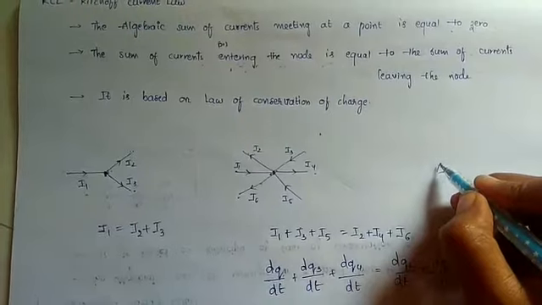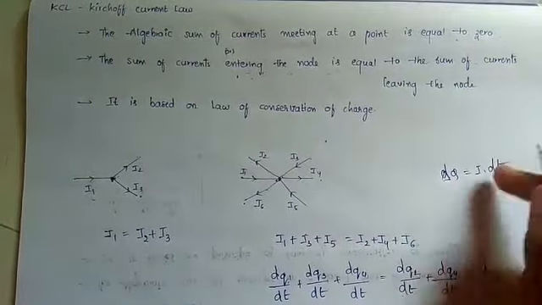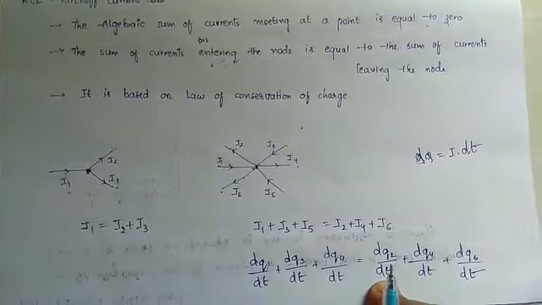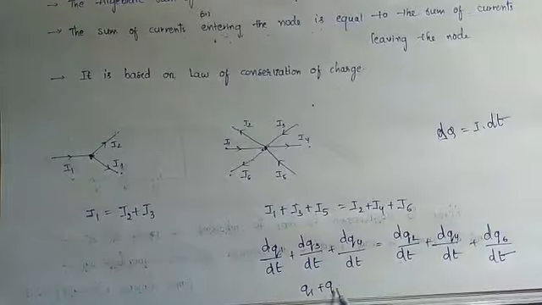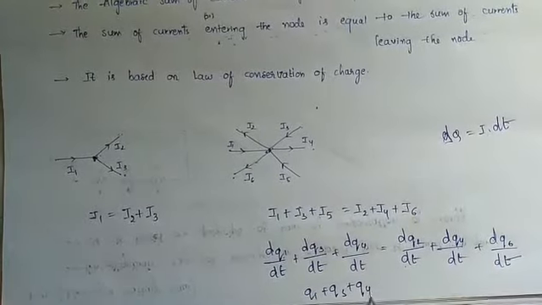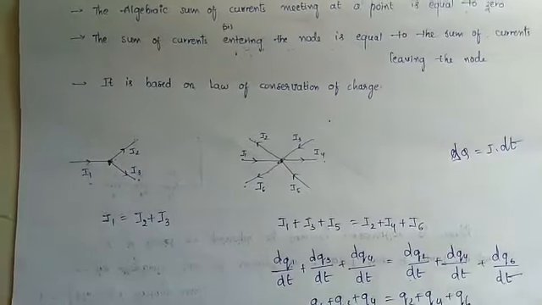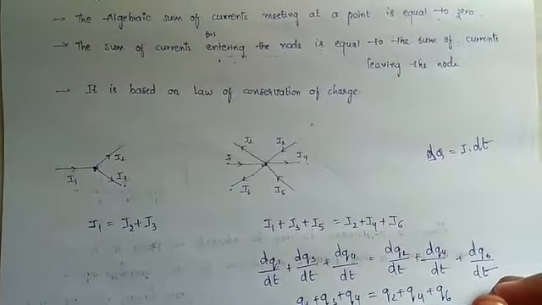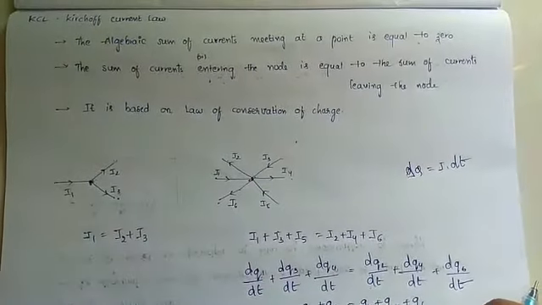As we know the formula, dq is equal to I into dt, by that we have written this. So then we can find q1 plus q3 plus q5 equal to the sum of the leaving charges. In this way, it is based on the law of conservation of charge. This is about Kirchhoff's current law.